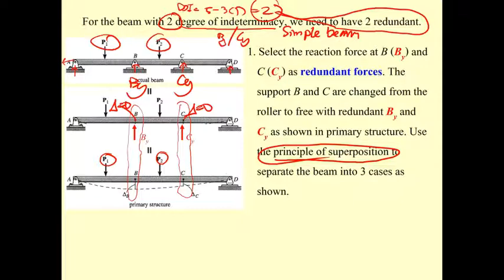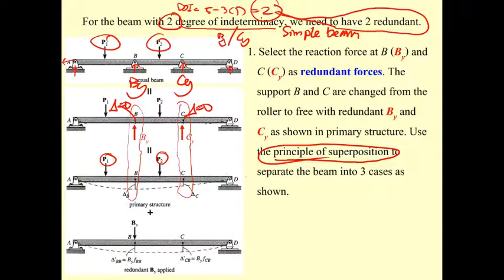Okay, and then it's going to plus the beam subjected to the force at B, and this one has the deflection delta sub B due to the applied force, and this one has the delta sub C. If you put B sub y here, the deflection here is going to be B sub y times the deflection due to 1 unit force.